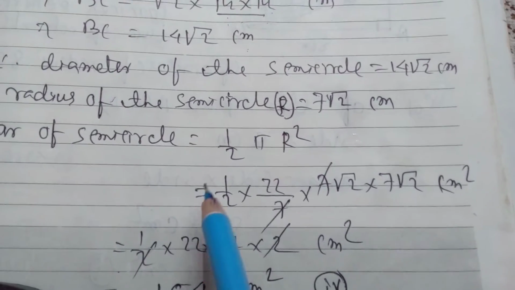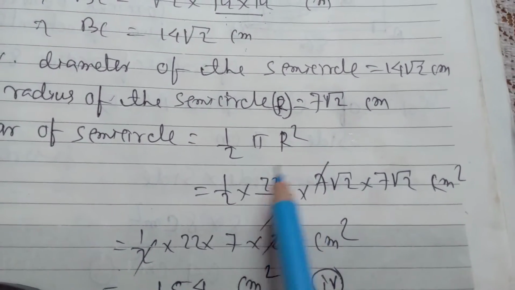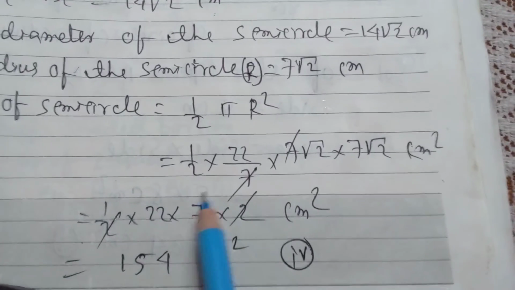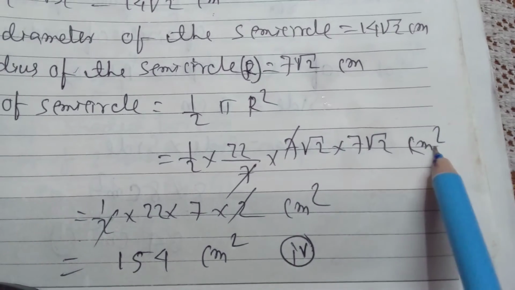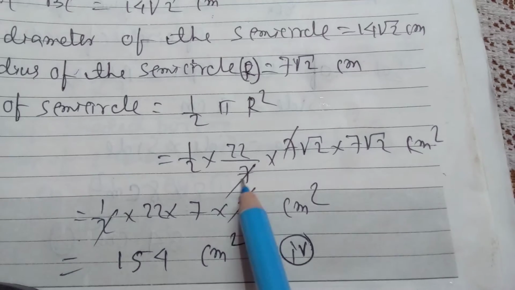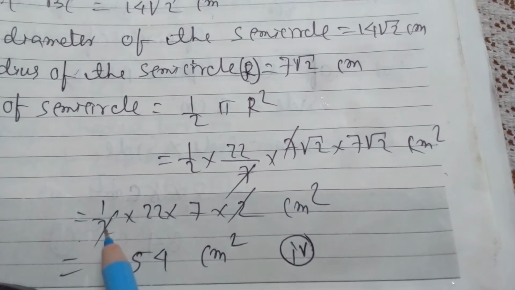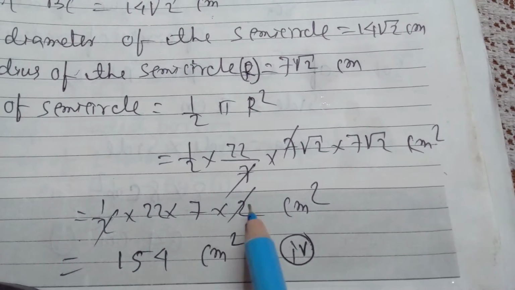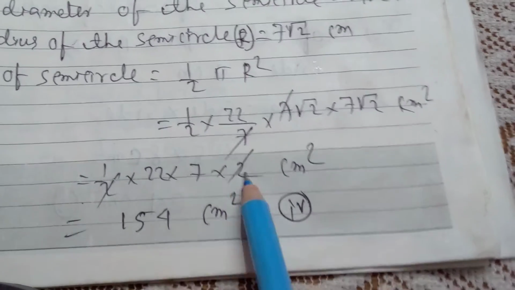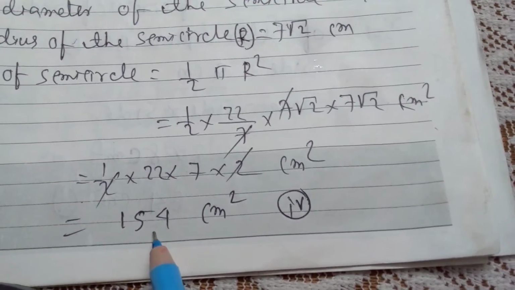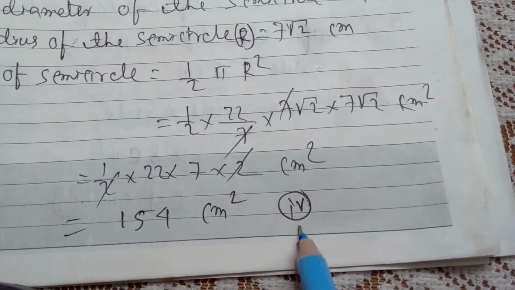So area of the semicircle is half pi r square. So half into 22 by 7 into 7 root 2 into 7 root 2 centimeter square. These 7 cancel. So half into 22 into 7 into 2, since root 2 into root 2 is 2. This 2 cancels. So it is 154 centimeter square.